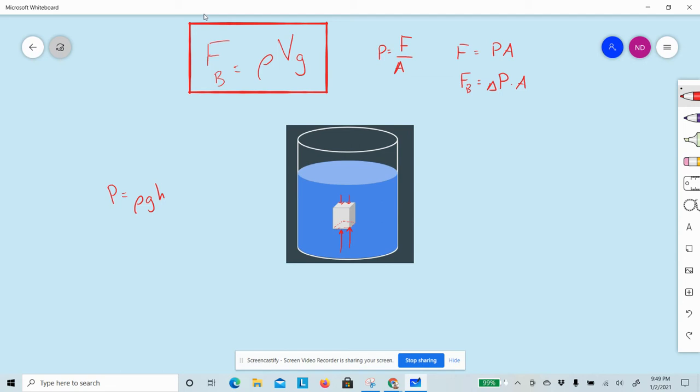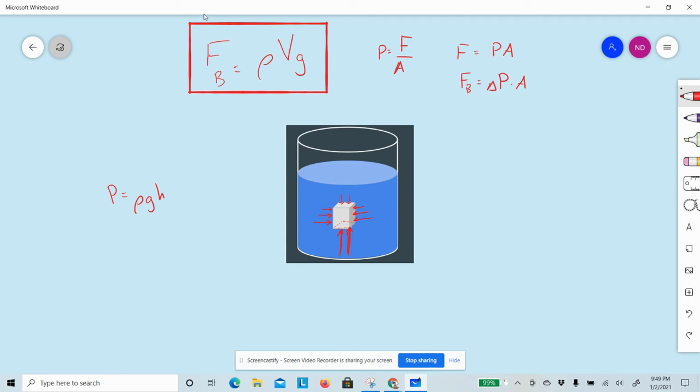Now the molecules on the side are also bumping into it, and as you go deeper and deeper, the arrows will be getting longer and longer. The arrows on the bottom are going to be the longest, because they're the greatest. But then there are going to be arrows on this side, molecules hitting there. All the left and right arrows cancel each other out.